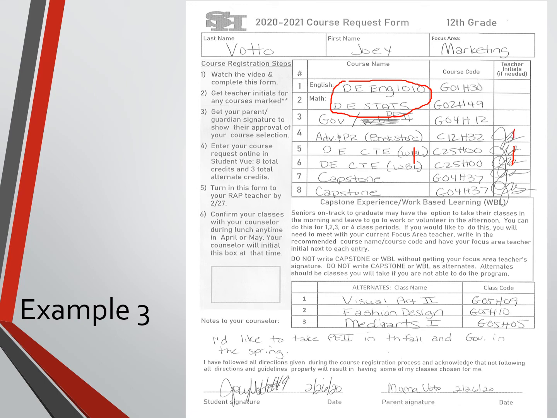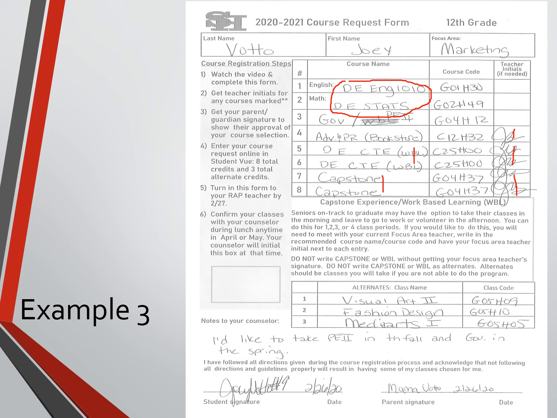So Joey's doing pretty good. Also notice that Joey wants to be in the capstone class. Joey has received his CTE teacher's signature for this opportunity. This is a must to be considered for the capstone experience. But just remember, just because you put capstone doesn't mean you will qualify.